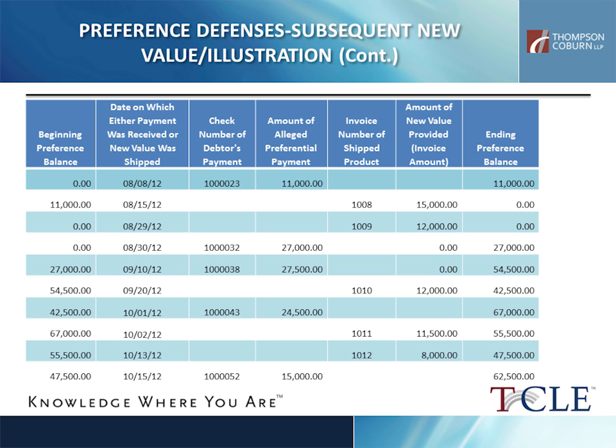But so we move on to the next event, and that is on August 29th, and we have an additional supply of $12,000 worth of product to the customer. So the question becomes, and this illustrates the point I'm trying to make, can we carry that $12,000 and the $4,000 that we had left over from the $15,000 supply of new value and apply it against the payment that we receive in this case on August 30th of $27,000?